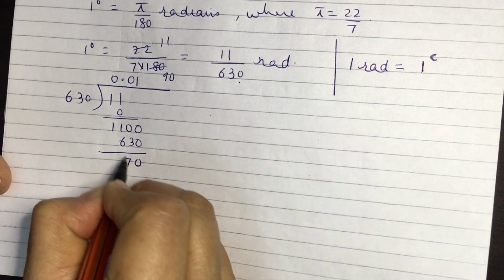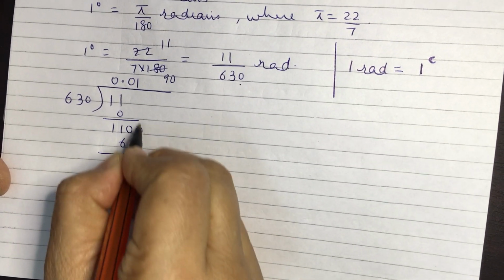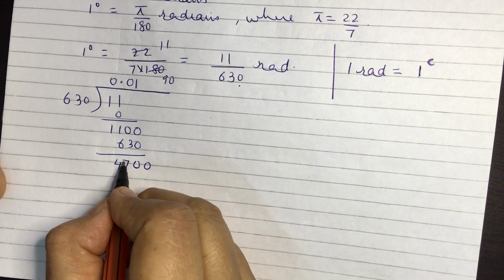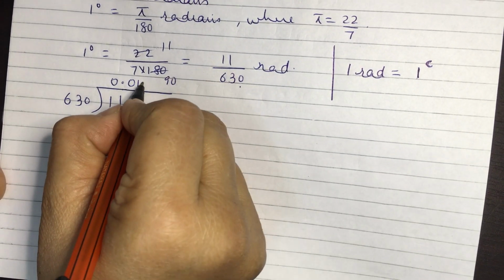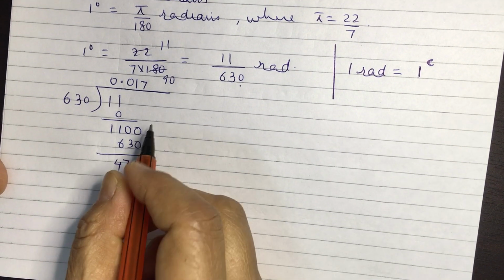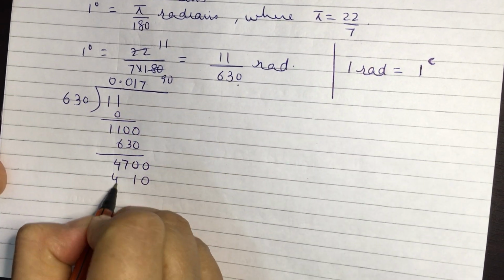Then here it goes 7 times and 470, you take down 1 more 0, and now this goes 7 times, then you get 0, 21, 2 carried, this is 42, so 44.